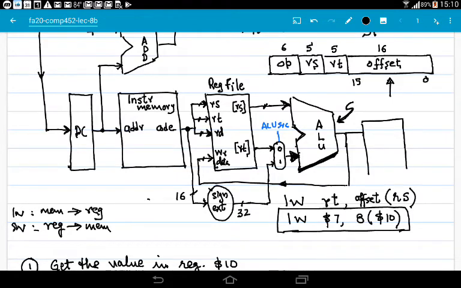This is data memory. Let's write here data mem, and this is the address input of data memory.